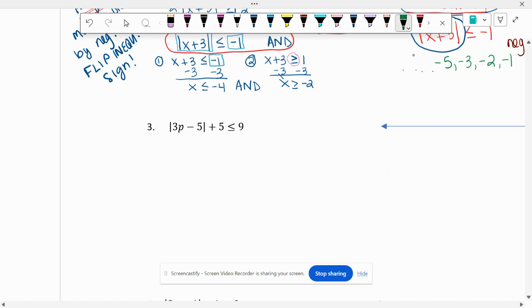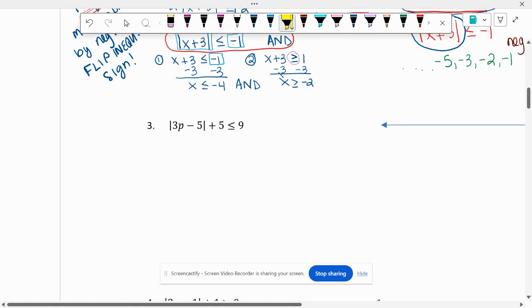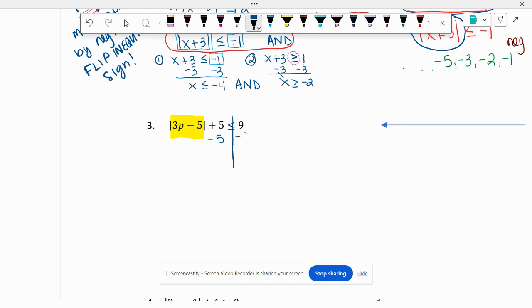Let's try number 3. So remember, I'm trying to get the absolute value by itself. I see that I have to get rid of this +5. And the opposite of a +5 is a -5. So I have the absolute value of 3p minus 5 is less than or equal to, let's see, 9 minus 5 is 4. Now I have the absolute value all by itself.